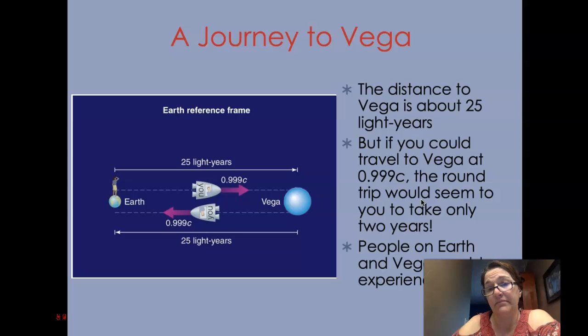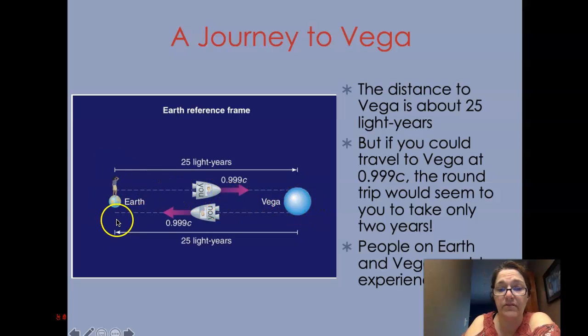So that will happen. The distance to Vega is 25 light years. If we could travel to Vega and back at 0.999 of the speed of light, for the person in the spacecraft, time will basically not have passed. So you will travel to Vega and back.